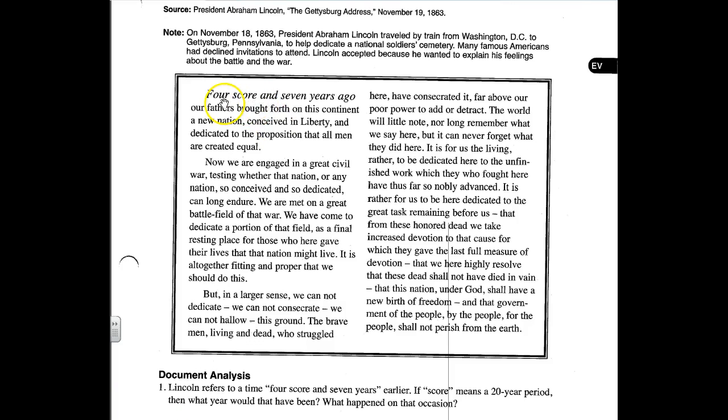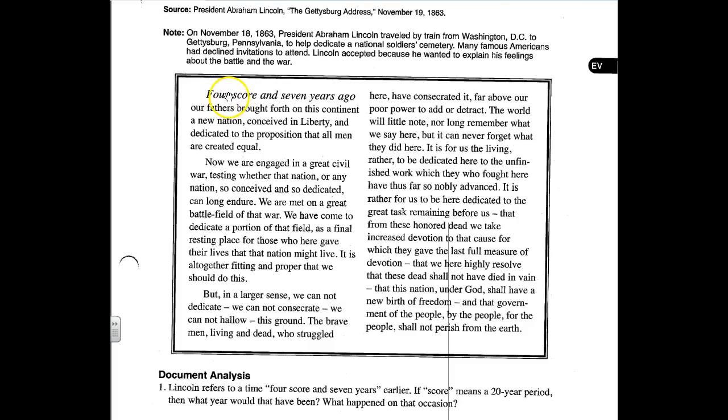A couple of important points before you answer the questions on the document. Lincoln refers in the opening line of the address using the term "four score and seven years ago." A score typically would mean 20 years.